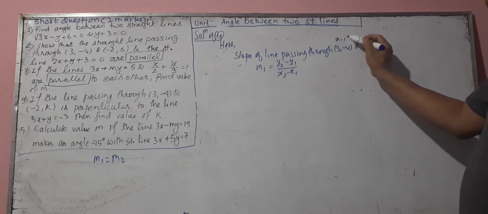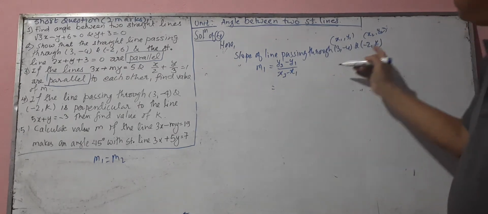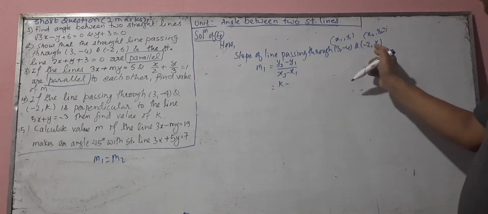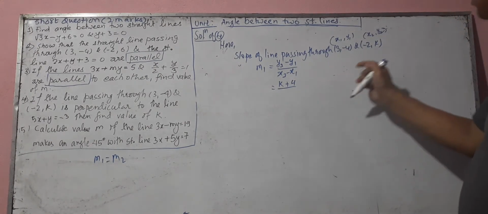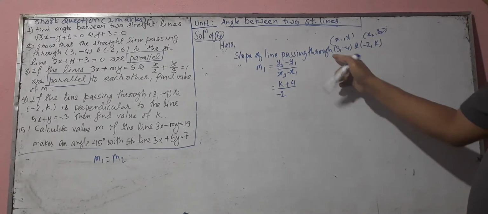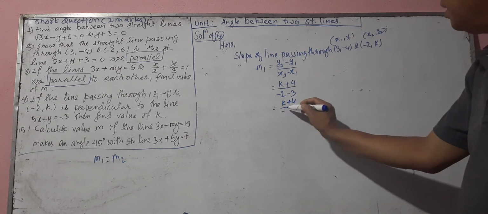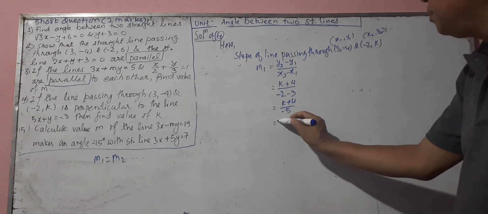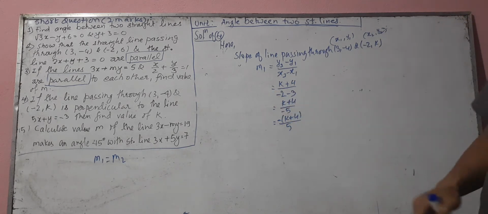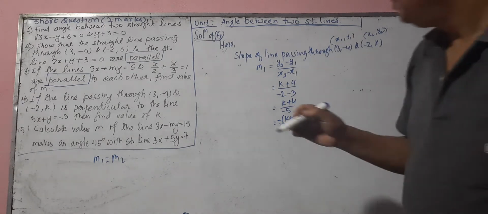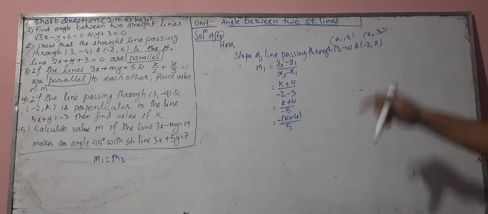It is (x1, y1) and this is (x2, y2). So now we get y2 is k minus -4, so minus minus becomes plus. Similarly, -2 minus 3, and this becomes (k + 4) by -5, which means -(k + 4) divided by 5. This is the slope of the line passing through the 2 points (3, -4) and (-2, k).